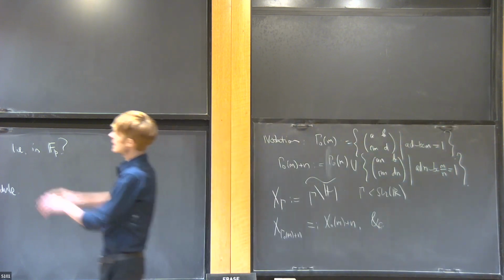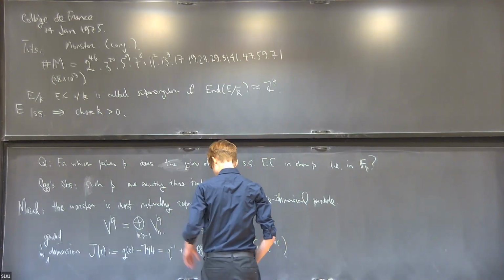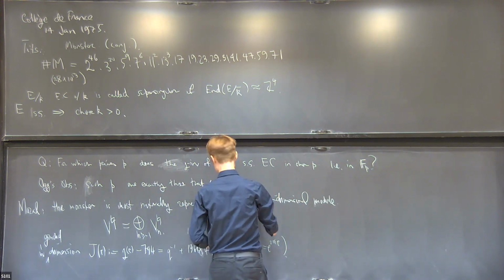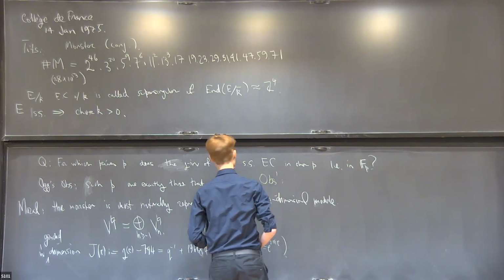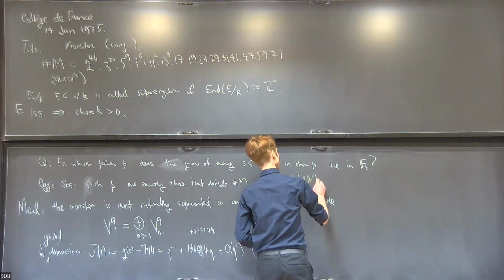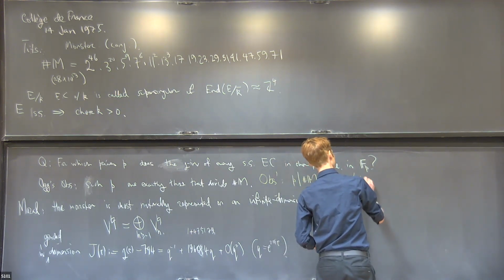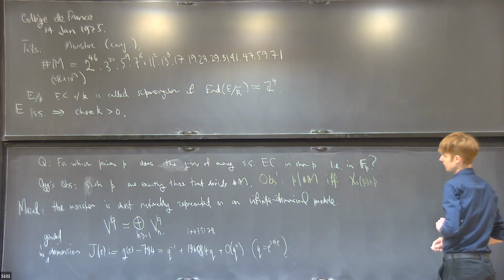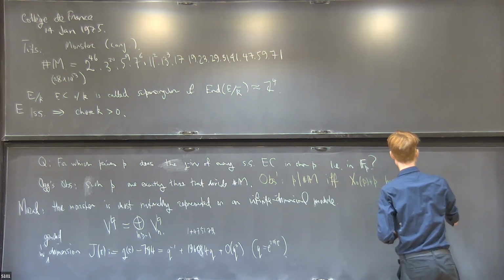So if we examine Ogg's method, then we can reformulate Ogg's observation a little bit differently. Observation prime: P divides the order of the monster if and only if X naught P plus P is a sphere. It has no holes, i.e. it has genus 0.